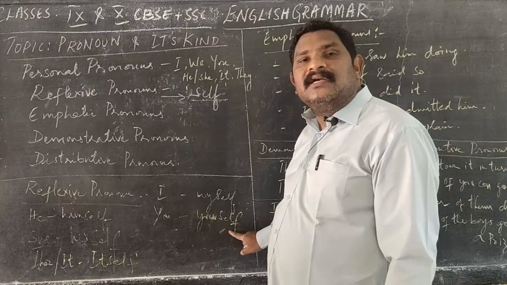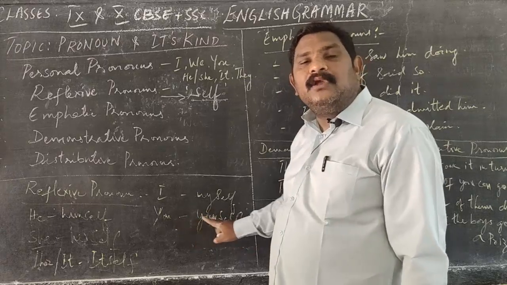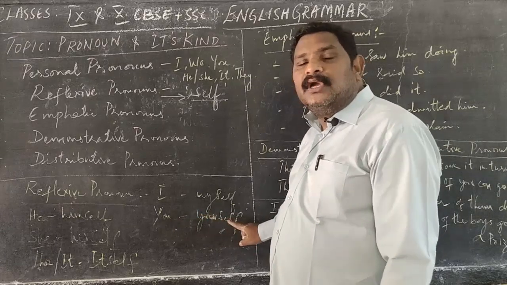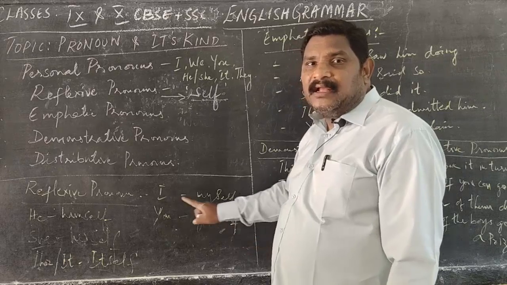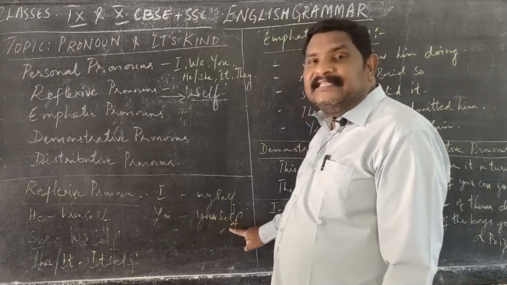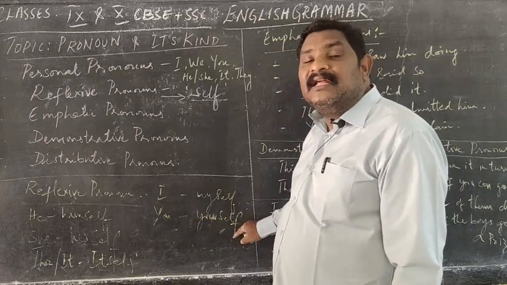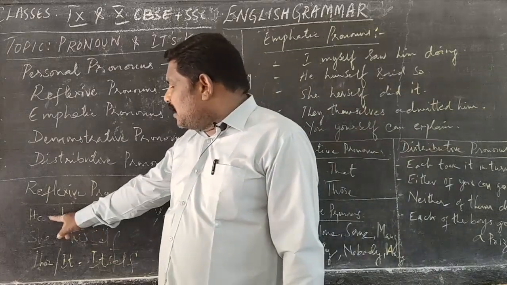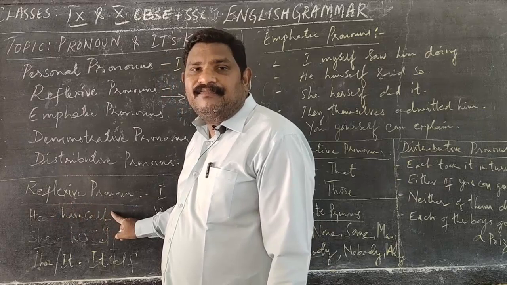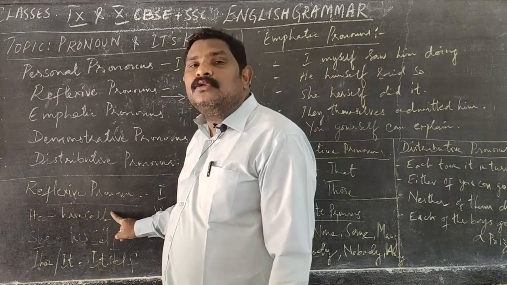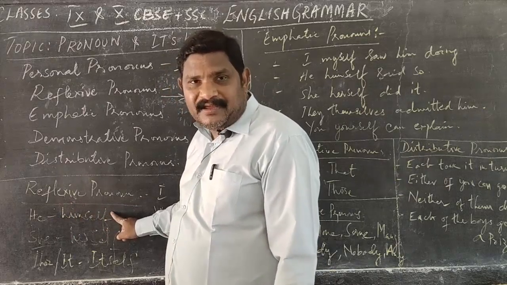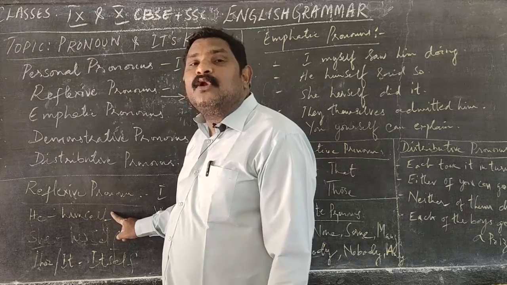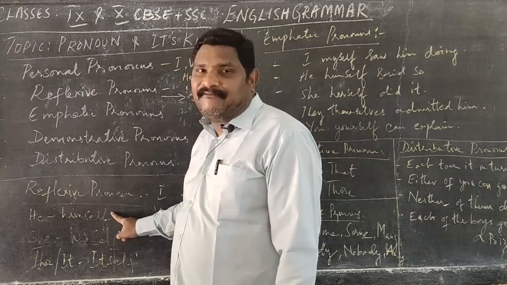You can do it yourself. You and yourself. For you, yourself. This is a reflexive pronoun in a sentence. Now, he, himself. He went on doing all those works for himself. He has completed all the tasks by himself.